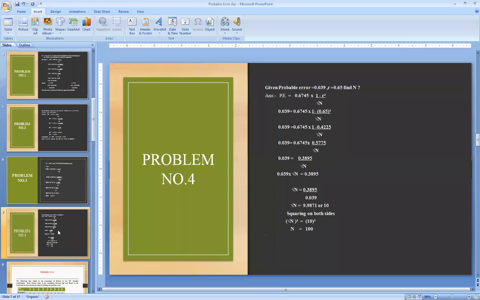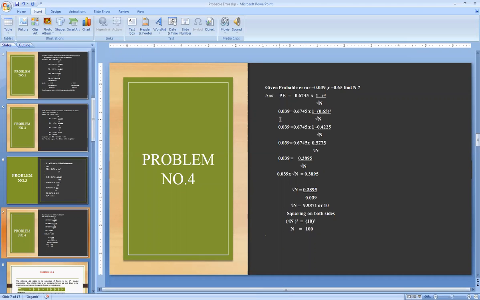And one more question, which may be asked in section B. Here, given probable error equals 0.039, R value equals 0.65, but here they have asked to calculate the value of N. It is not to calculate the probable error. By using this formula, we need to calculate the value of N. Now we have to substitute the values given in the question.